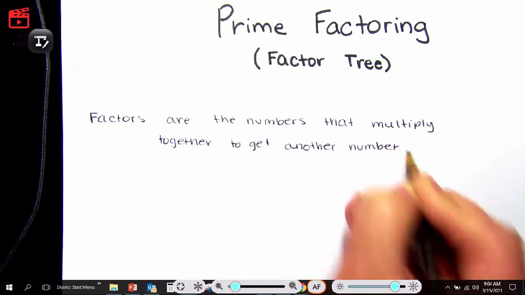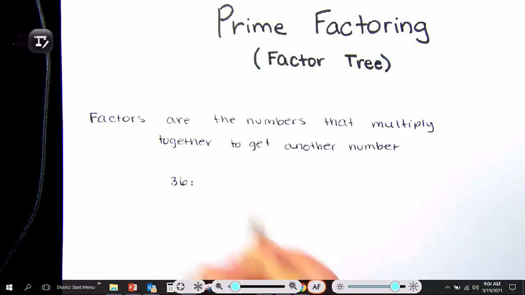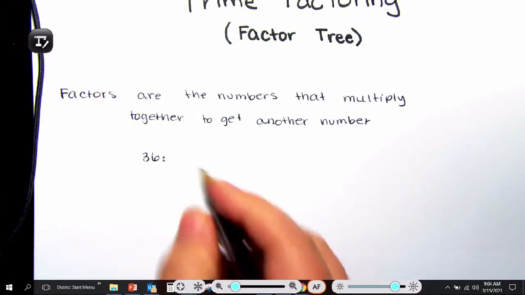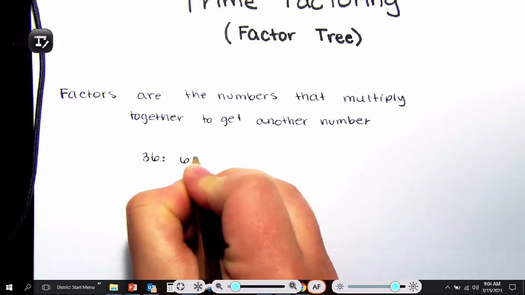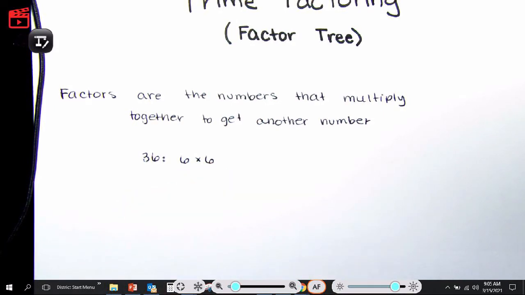So for example, if we have the number 36, two numbers that multiply to 36 are 6 times 6. Those are two numbers that multiply together.